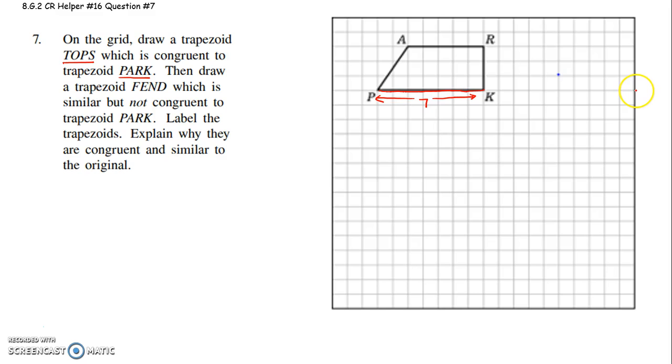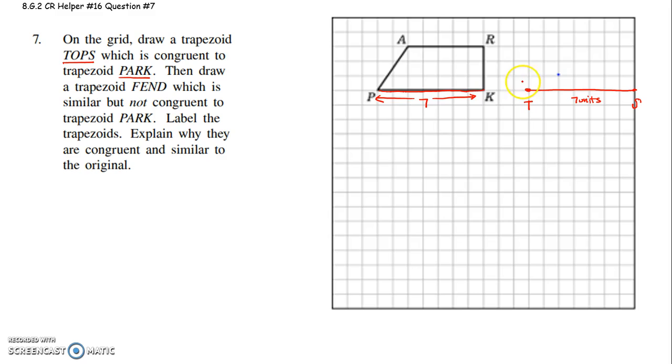So I'm just going to start here. I'm going to call this S. I'll count back 7 units. 1, 2, 3, 4, 5, 6, 7. And I'll call that T. And so from T to S, that also must be 7 units long.